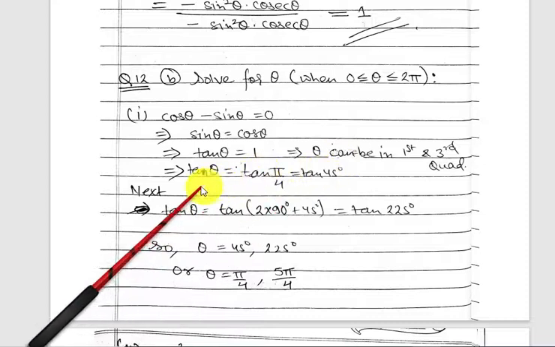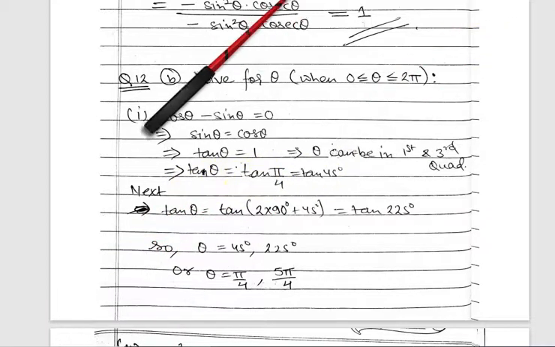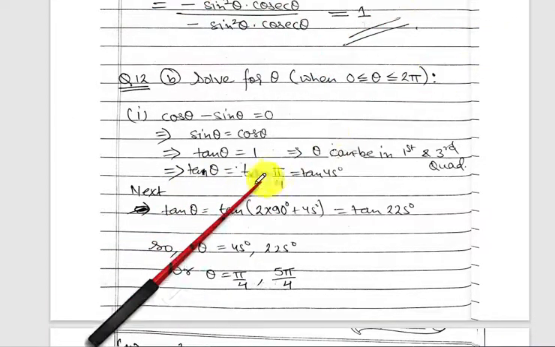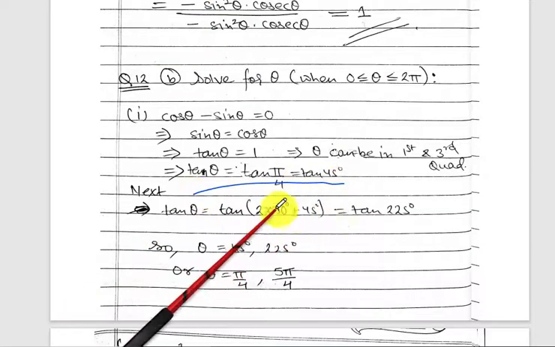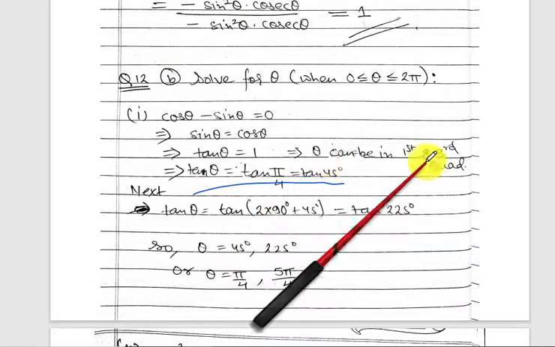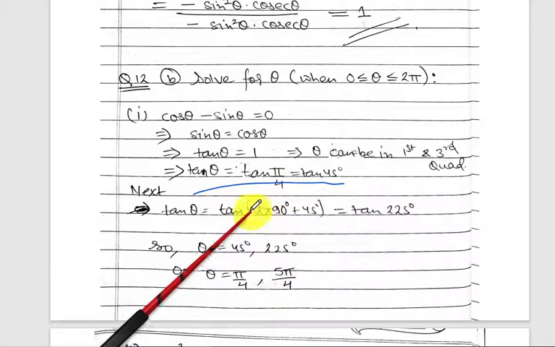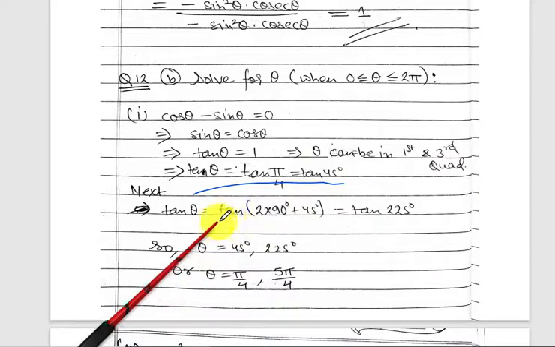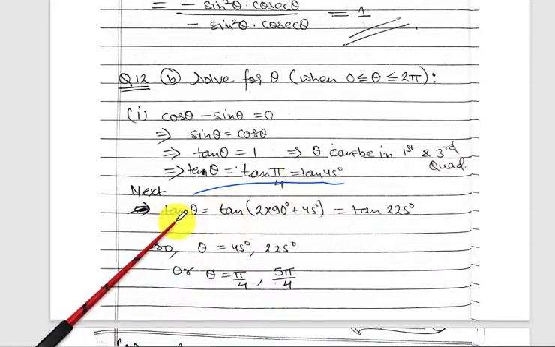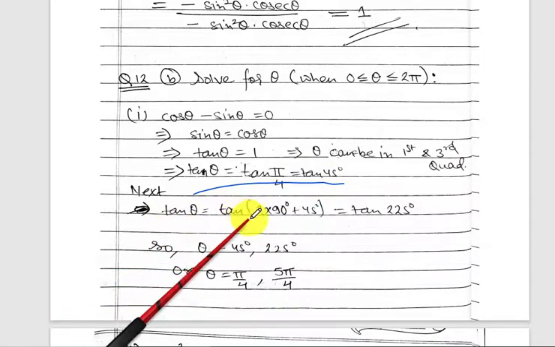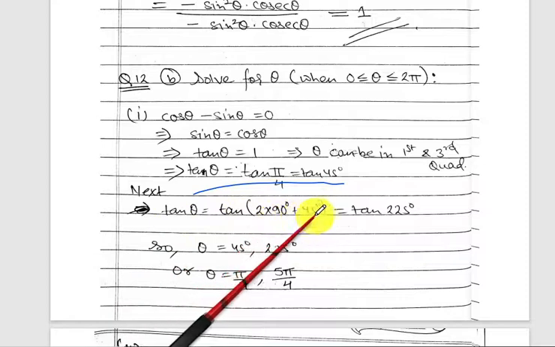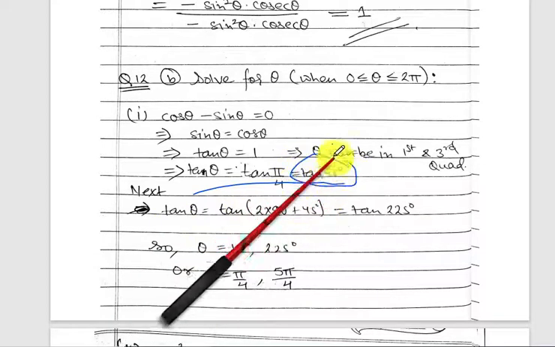Next, using this value only, we will find the angle in the third quadrant. So tan theta, in the third quadrant we want, so we can write tan theta equal to tan(2 into 90 plus 45).